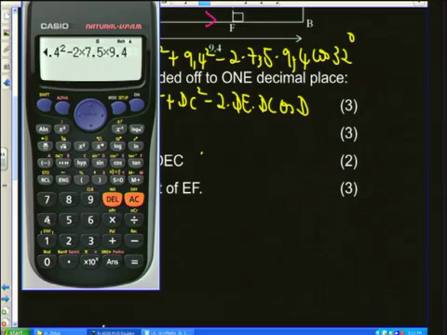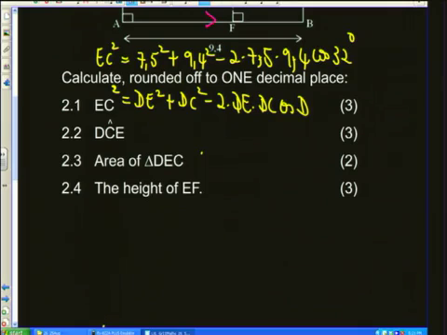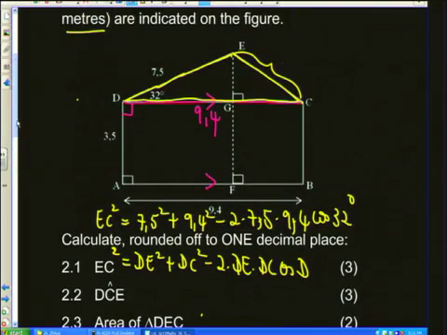Keep your eye on the screen. Is everything okay? We get a squared value of 25. If we take the square root, we get 5. So EC is actually equal to 5 units. From all this, we can say EC is equal to 5 meters.